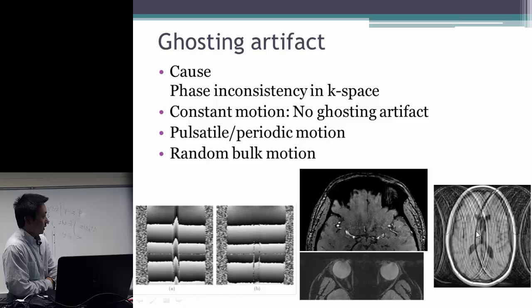And bulk motion can also lead to a ghosting artifact. So this is a bulk motion. The head moved, juggled a little bit during the whole scan, and this one is a very nice demonstration of the ghosting artifact. It shows you a repetition of the whole brain with certain spatial frequencies.